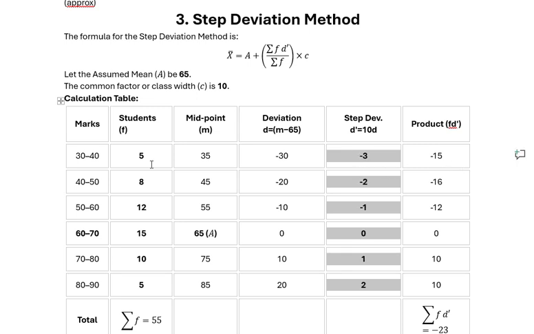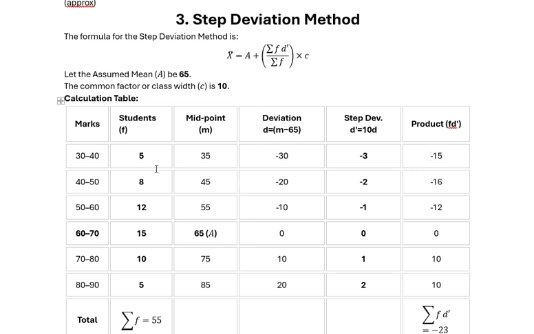Multiply the values. 5 into minus 3 will become minus 15. 8 into minus 2 will become minus 16. 12 into minus 1 will become minus 12. Similarly, 10 into 1 is 10, and 5 into 2 is 10.